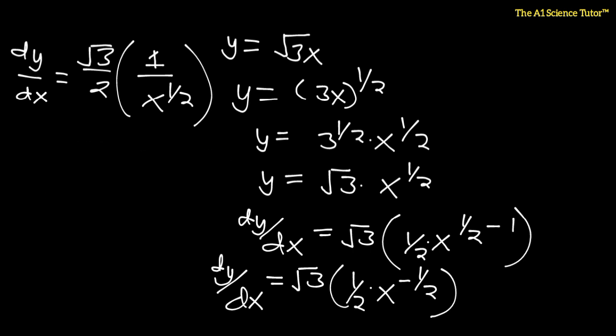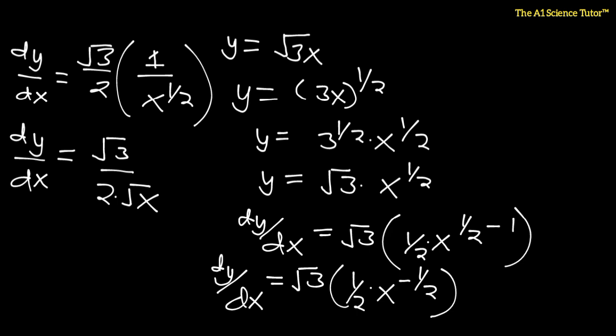Now, we could also change this form into its surd form. So let us write it. This is going to be root 3 over 2 multiplied by root x. So while this is one way that the answer could be written, you could also change it to a more basic surd form. Now, I know that if I had root a over root b, that could be rewritten as root of a over b.